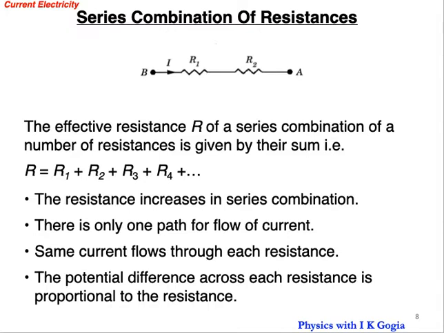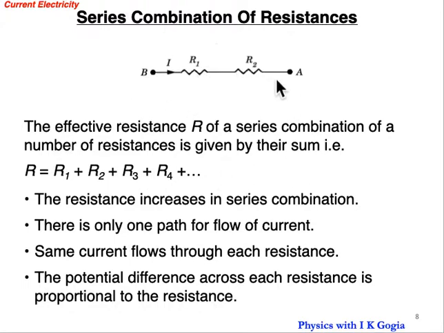You have to derive the expression for the resistance of the series combination and the effective resistance of parallel combination. This I'm leaving as an exercise to you because it's too simple and you already have studied it in class 10. However, a few features of series and parallel combination of resistances we will be talking about here.